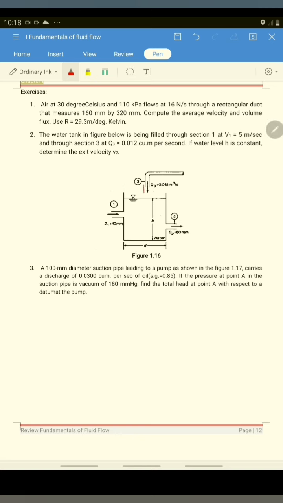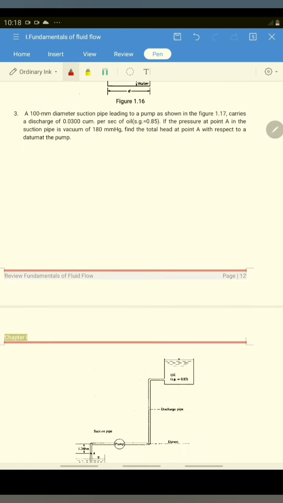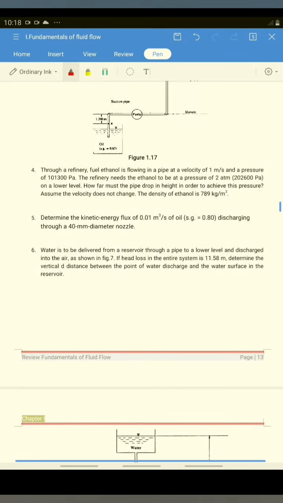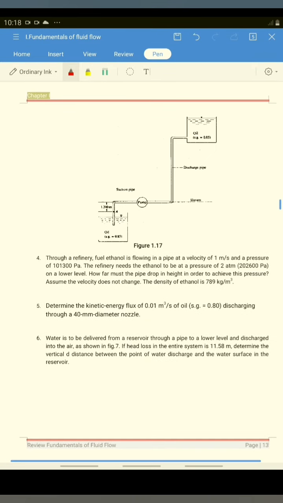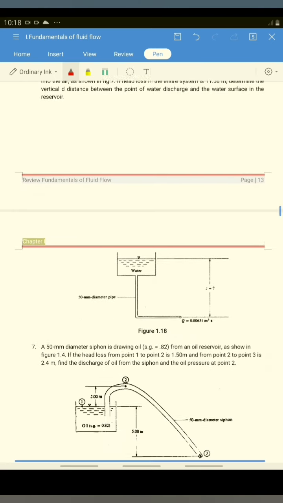This one is connected. Then for 4, 5, 6, try to review your fluid flow fundamentals.